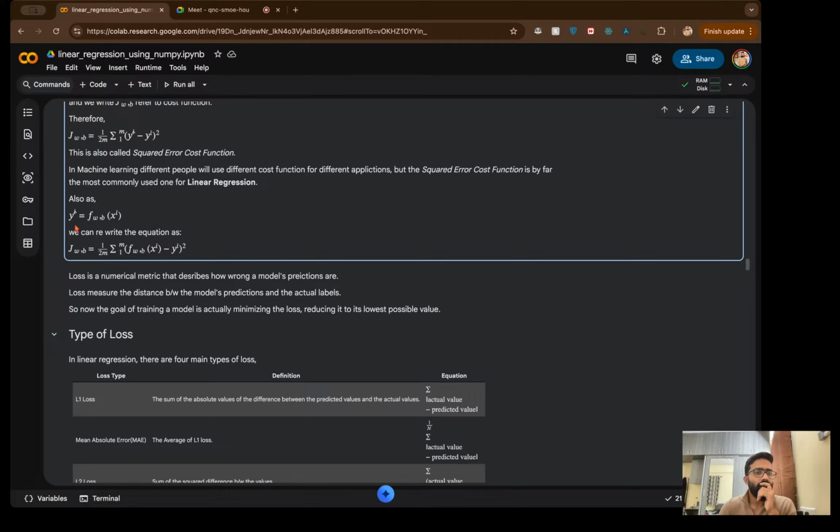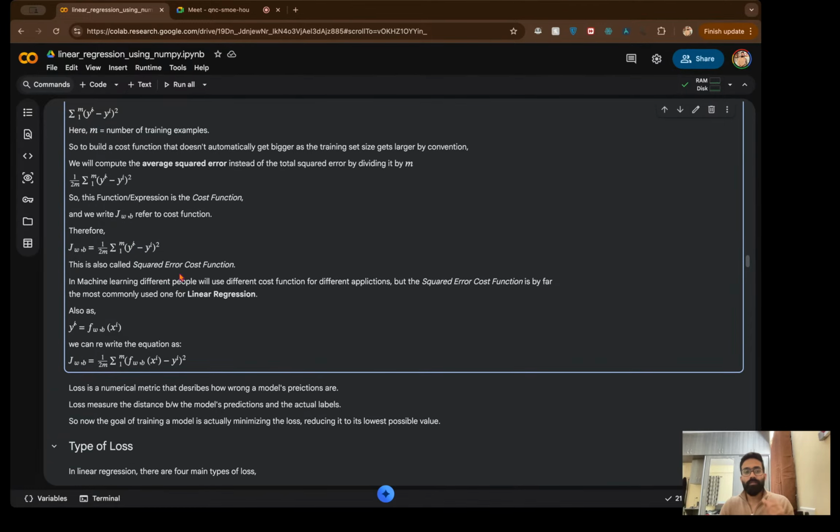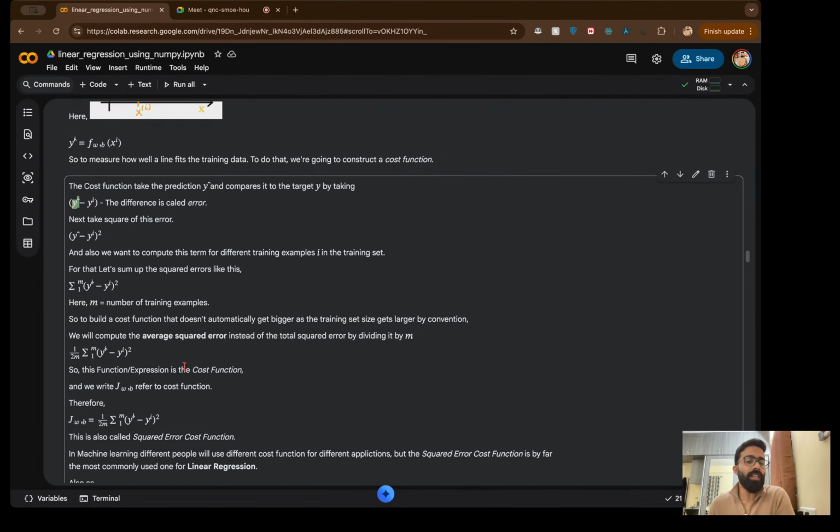Also, in this J(w,b), do you know what y hat i is? Can you tell, Simran? It's the predicted value. And how are we predicting it?